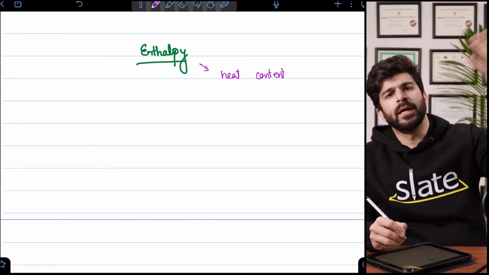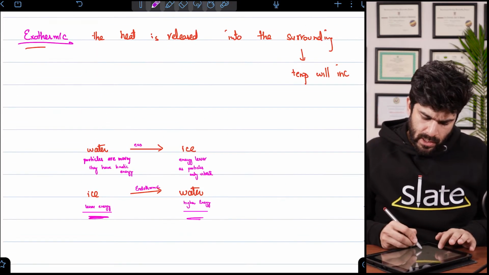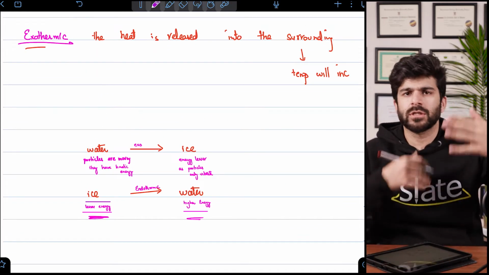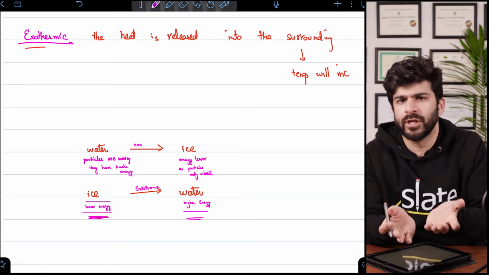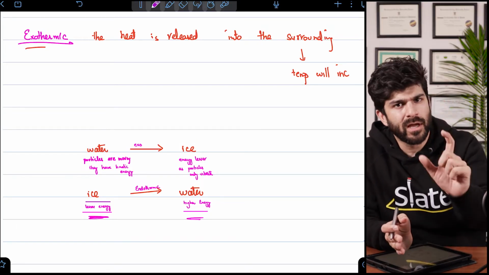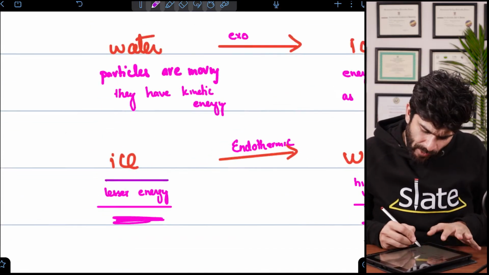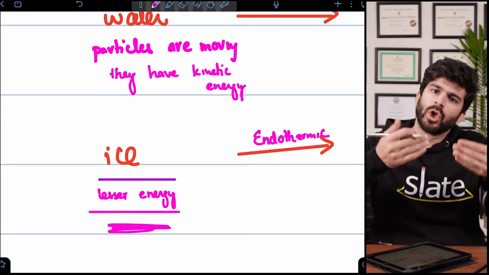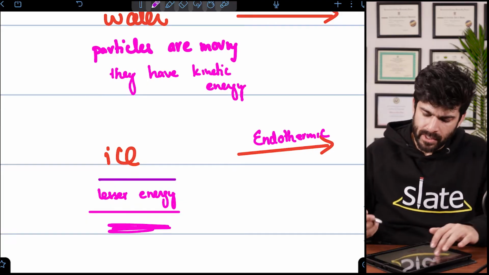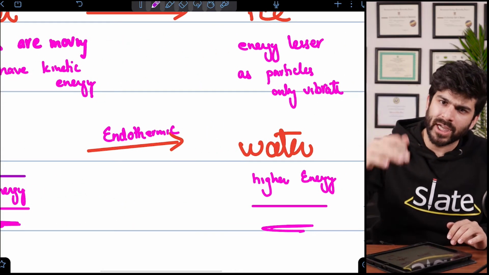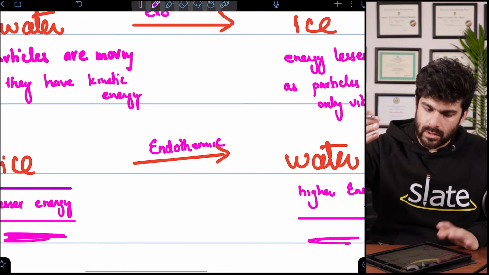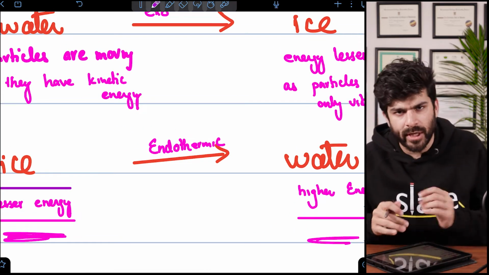For instance, enthalpy of reactant here is just a different term for energy. That's what you need to understand. But in the case of heat, so enthalpy of reactant, which is ice, is lower, lesser energy, lesser enthalpy. Enthalpy of product, which is water, is higher. Reactant is lesser, product is higher.